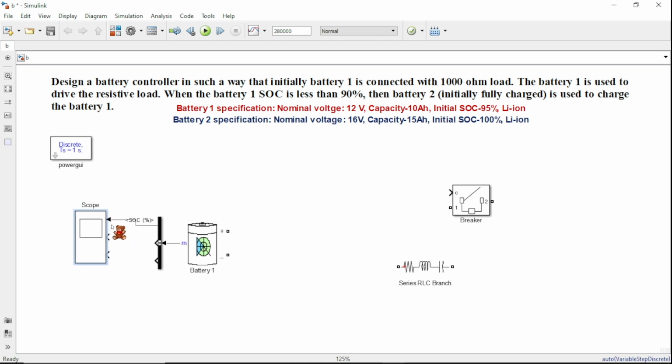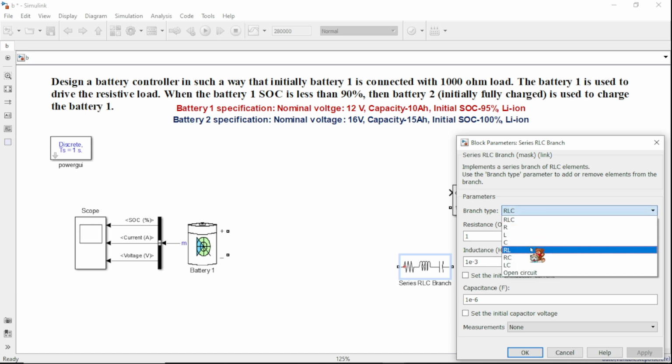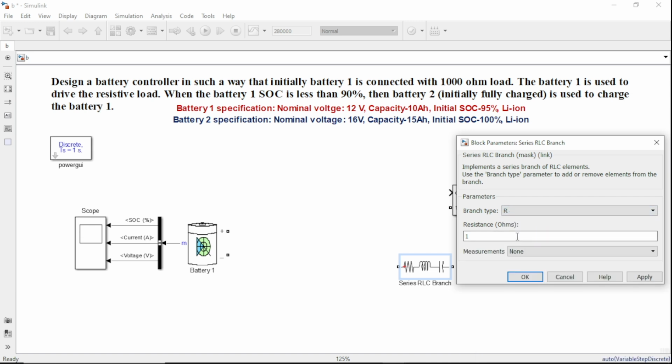The first one is the SOC, the second one is the current and the third one is the voltage. The first case is the battery directly connected to the 1000 ohm resistance. So I converted this series RLC branch into a resistance and its value is 1000 ohm.